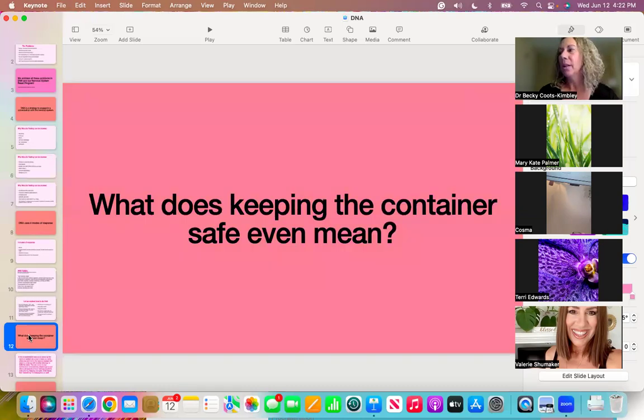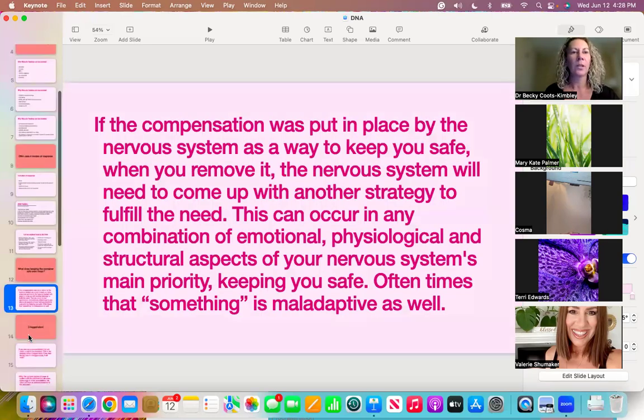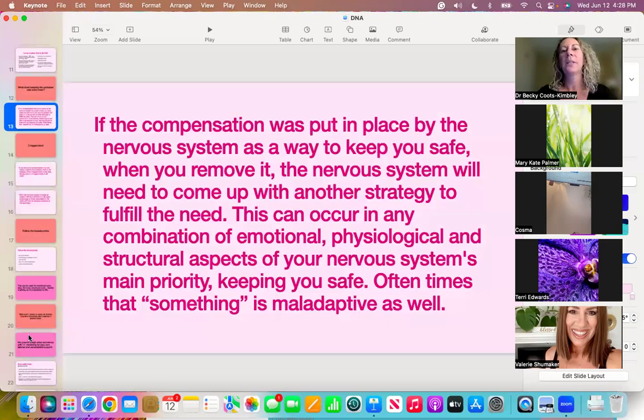Now, one of the big things, and you guys have probably heard me talk about this before, is keeping the container safe. So what does this even mean? The way the nervous system works, if the compensation was put in place by the nervous system as a way to keep you safe, when you remove that, the nervous system will need to come up with another strategy to fulfill that gap or that need.